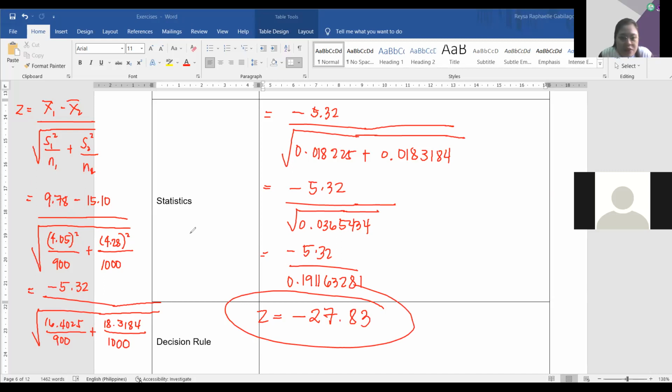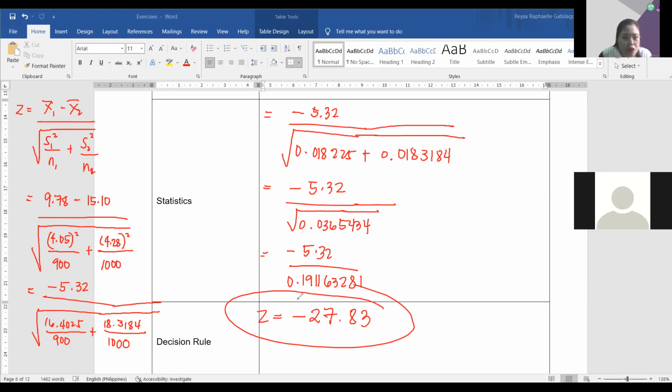Negative 27.83. Do not forget the negative ha, because I'm talking about the z-score. We will get rid of the negative later when we are going to make the conclusion. Pero ang correct answer dyan, negative 27.83 talaga. Okay? Again, do not forget. Huwag niyo muna tanggalin yung negative. Later na.